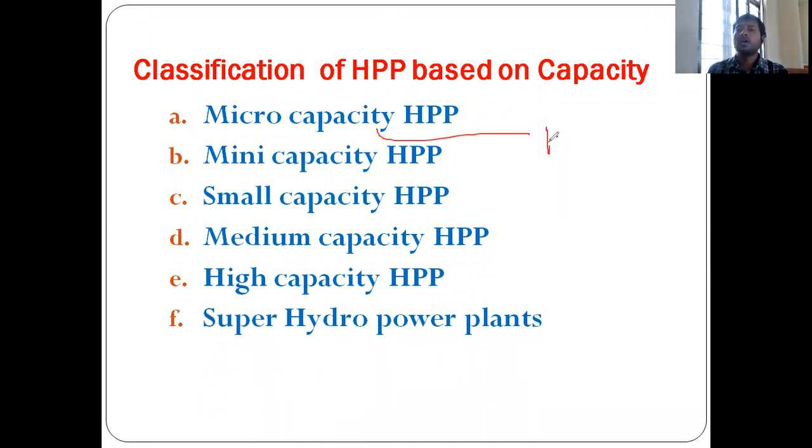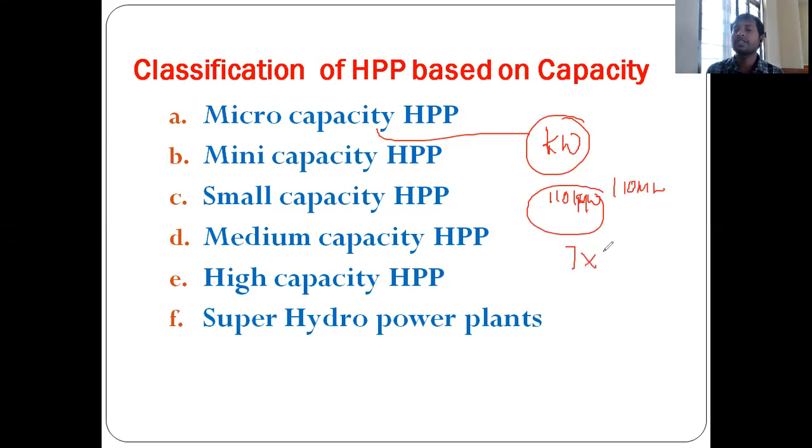Capacity is how many kilowatts it is generating. For example, Srisailam and Nagarjuna Sagar have 110 megawatts for each unit, with 7 units, 7 into 110 megawatts. So based on this capacity, the hydropower plants are classified.